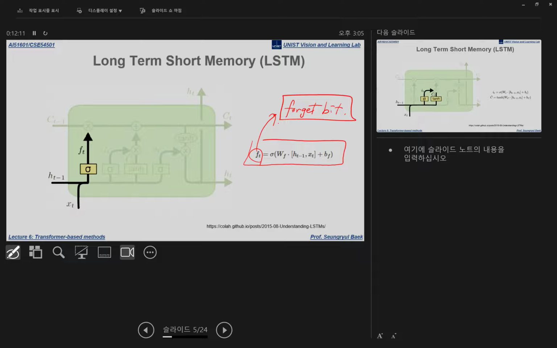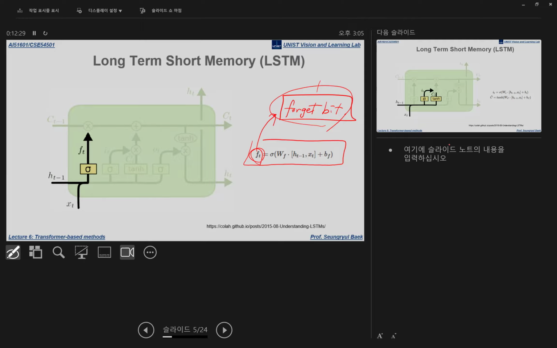If it becomes one, then we will not count those bits in the further process. And if this is estimating zero, then we will count that for further processing.